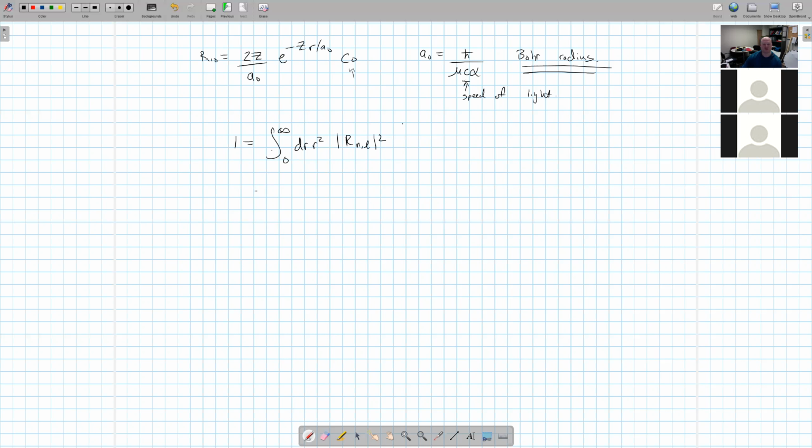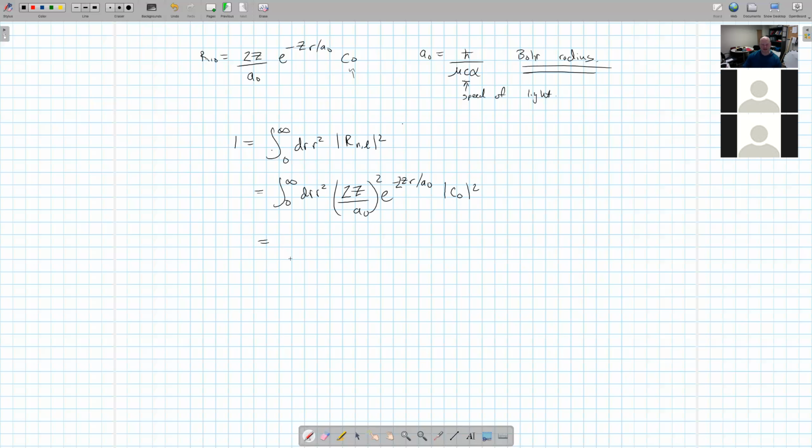So good. So let's plug in. So this becomes the integral from 0 to infinity of dr r squared times this stuff. So this is then going to be 2Z divided by a_0, e to the minus Zr divided by a_0. Actually, all this stuff is squared, so I actually need a 2 here, times the modulus of C_0 squared.